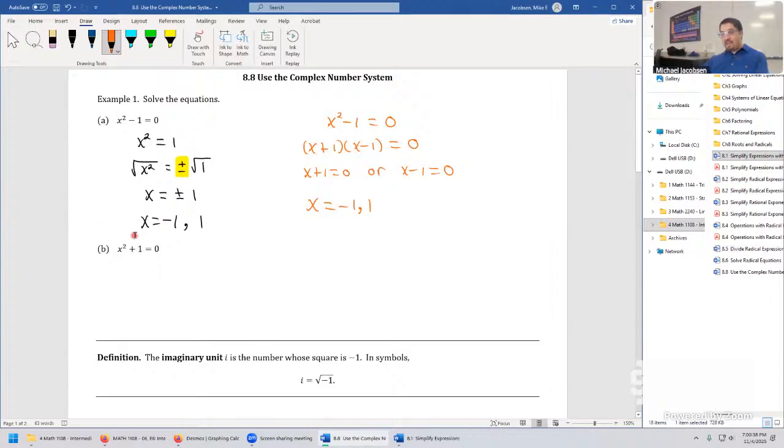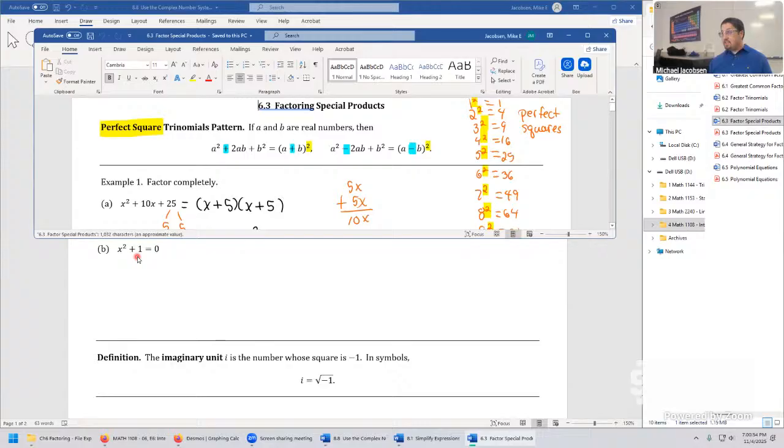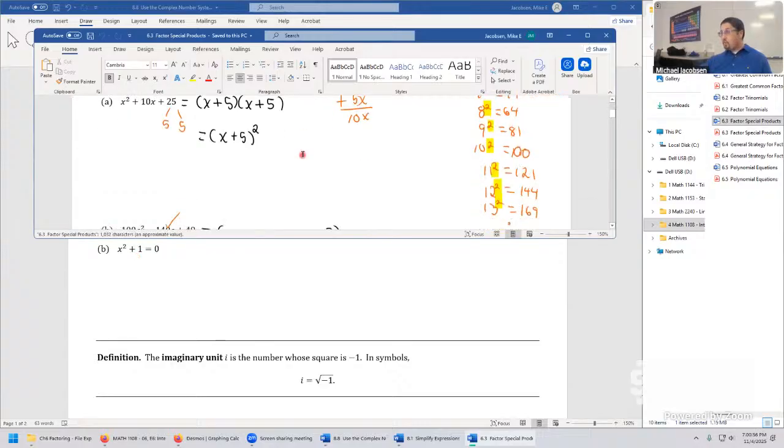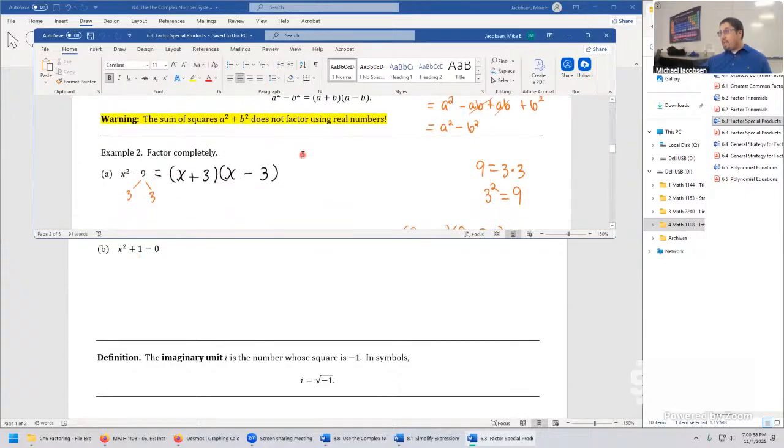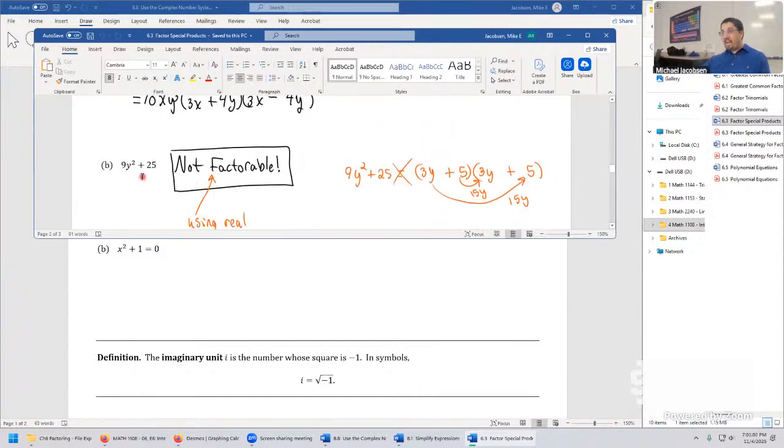But you know what goes awry on part B is the factoring technique doesn't work as expected. That's because we also mentioned when we were way back in, which section was this? Chapter 6 on factoring, the special products, that this one is kind of different. This one is considered to be a sum of squares. And whenever we had a sum of squares, here's what we said about that: not factorable.